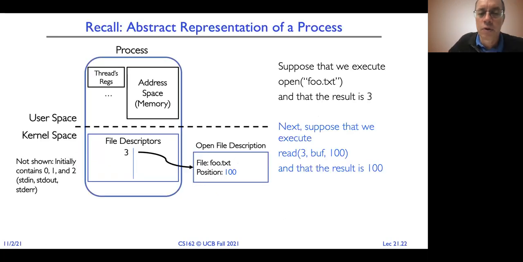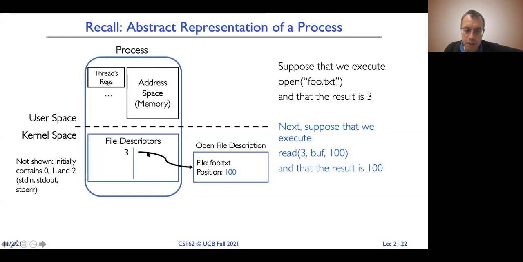Here is another view. You remember this from many lectures ago. This is a view from the process perspective. Here you have a process, you have threads, registers, and you have the address space. Then when you open a file, you get a file descriptor.